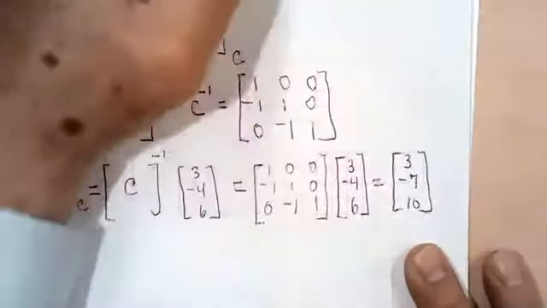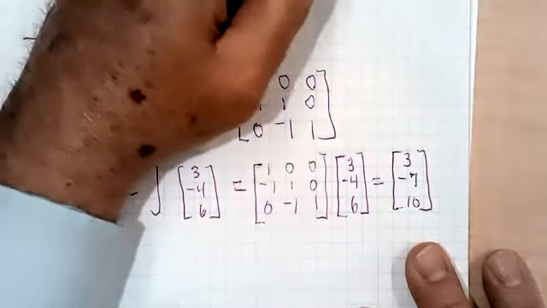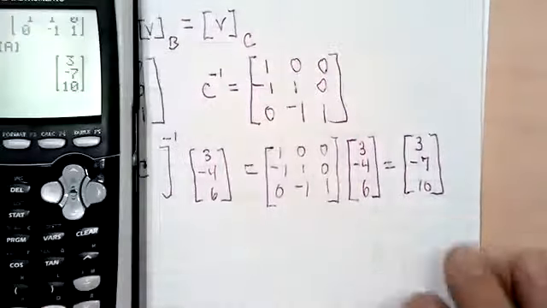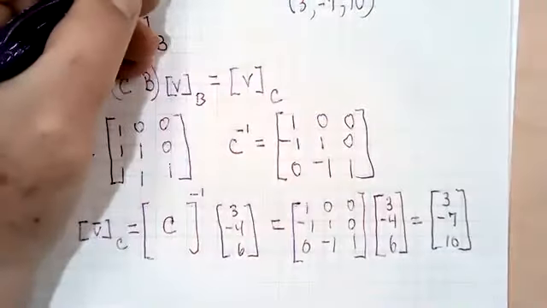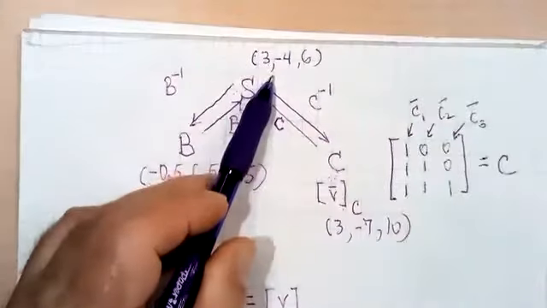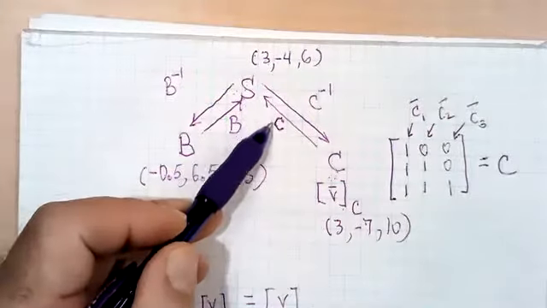Okay, and I hope that's right, but it's easy to check. If I took this 3, minus 7, 10 and left multiplied it by C, it should take me back up to this one right here.